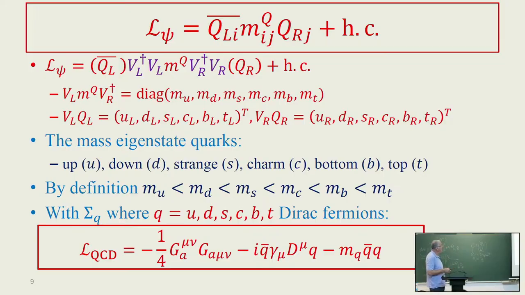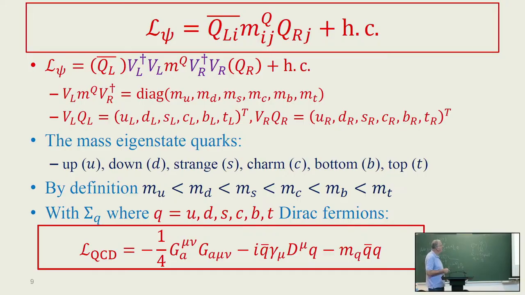And I choose, however, this V left and V right in a specific way, in such a way that V left MQ V right dagger, the unitary transformation of MQ, I can always bring to a diagonal and real form, a 6 by 6 matrix that has only diagonal entries, all of them real. I can always do it, so that's what I do, which means that I change basis.